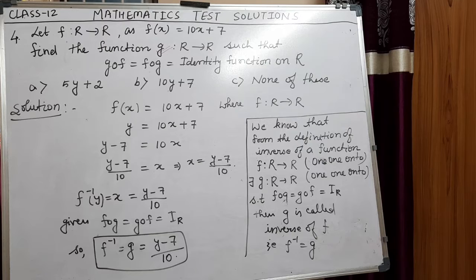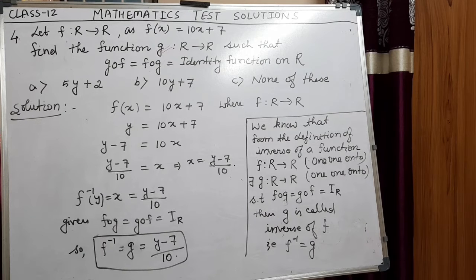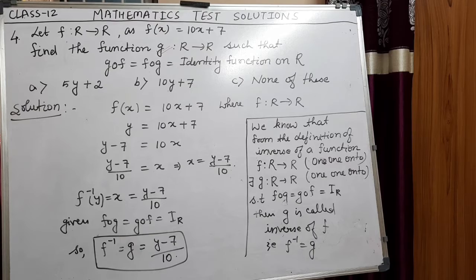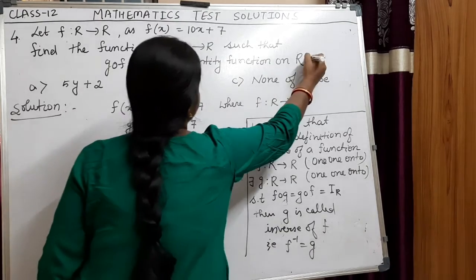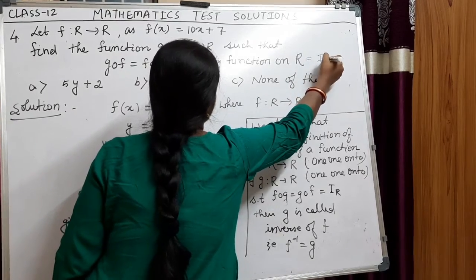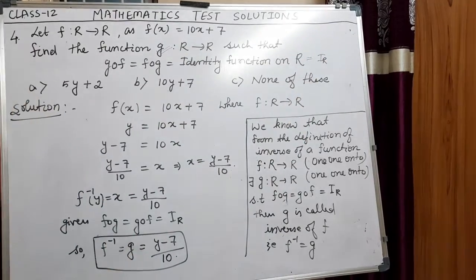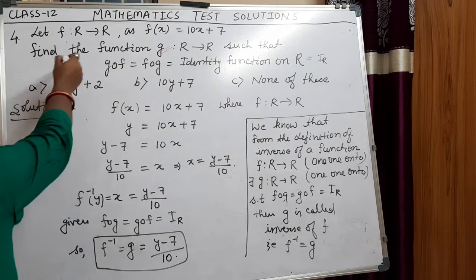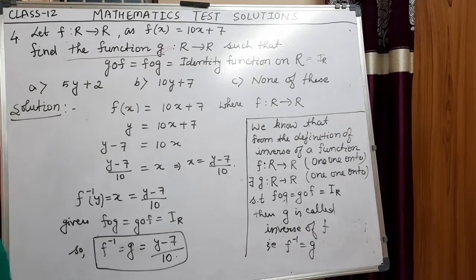So question number 4, it is, let f from R to R be defined as f(x) = 10x plus 7. Find the function g from R to R such that g∘f, the composition of g and f, is equal to f∘g, is equal to the identity function on R, which we can write as I_R also. So we have to find here the function g.